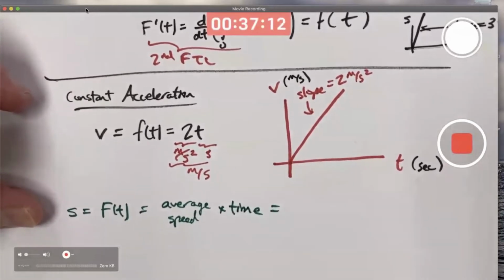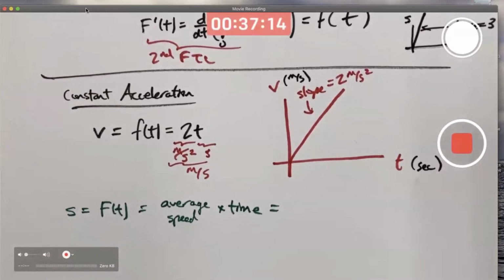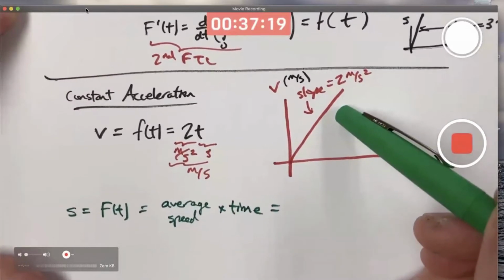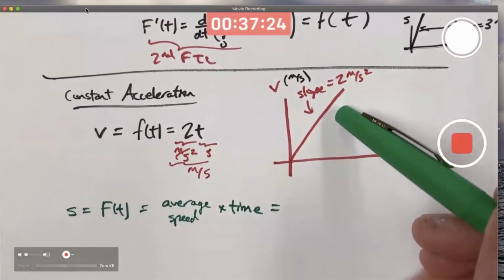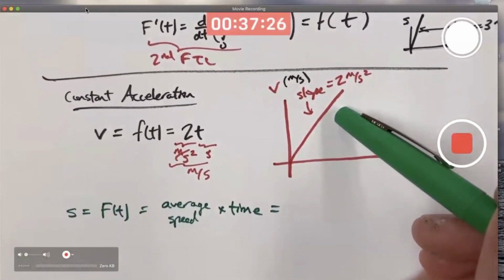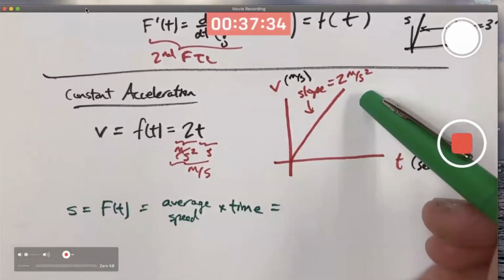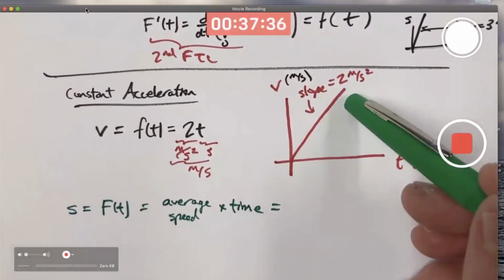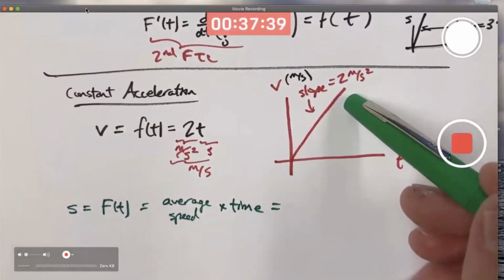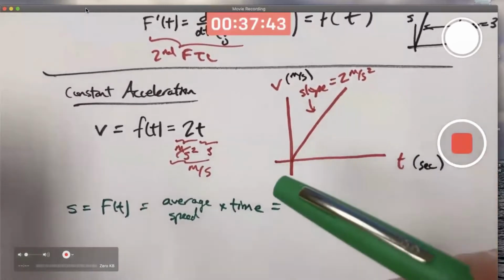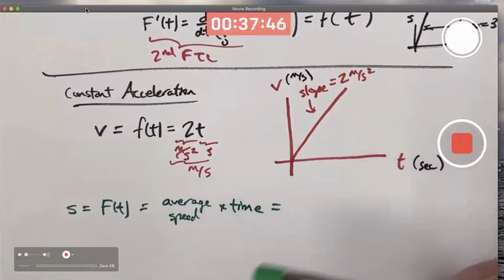And if the speed is a linear function, the average speed is going to be the average of the extreme speeds, the lowest speed and the highest speed. Does that make sense? If the acceleration is constant, so that the speed is a linear function with a constant slope, the average speed, because this is a straight line, is the average of the highest and lowest speeds.